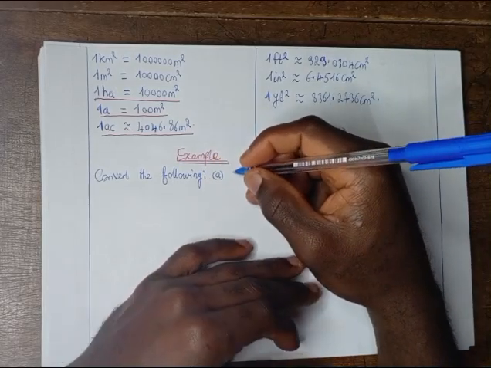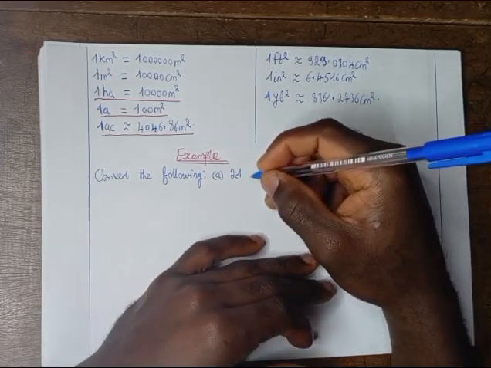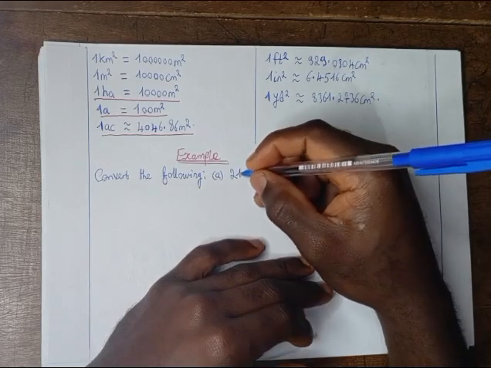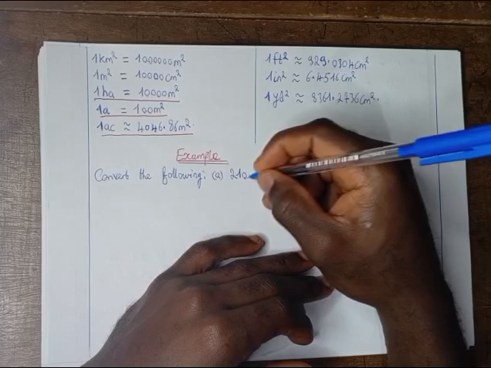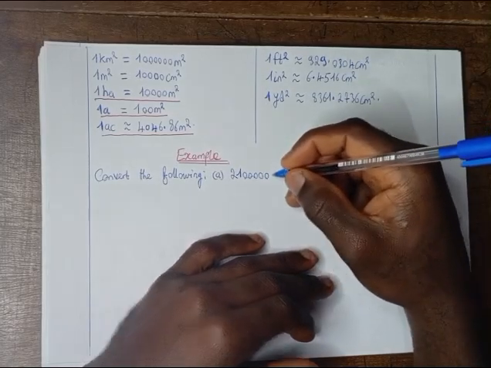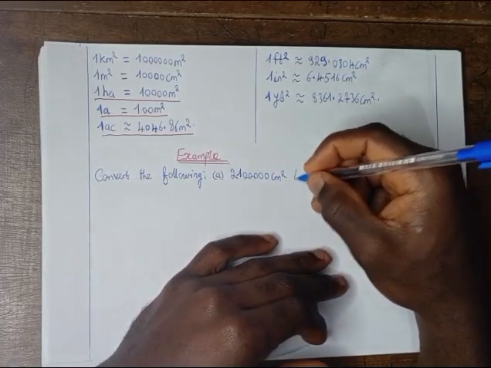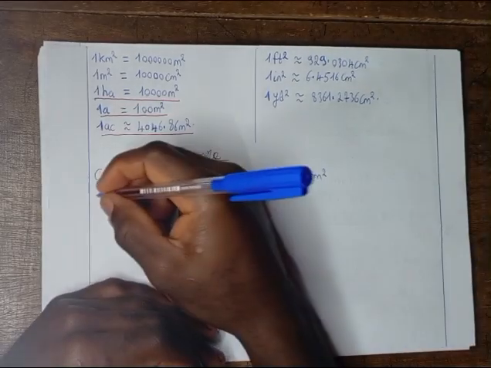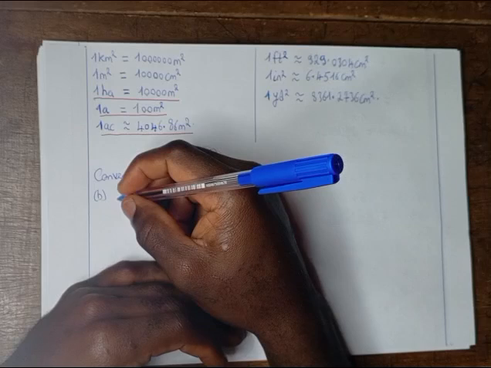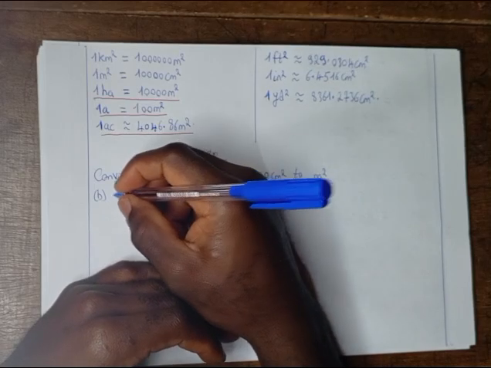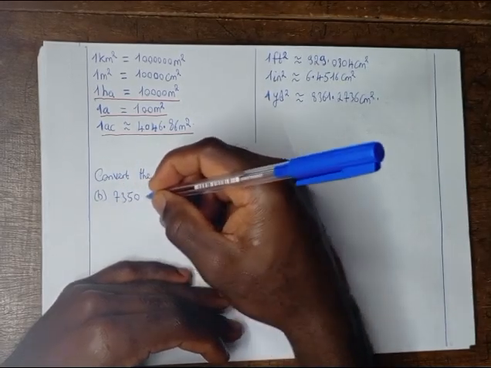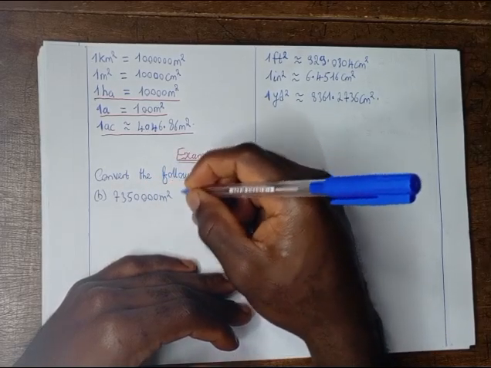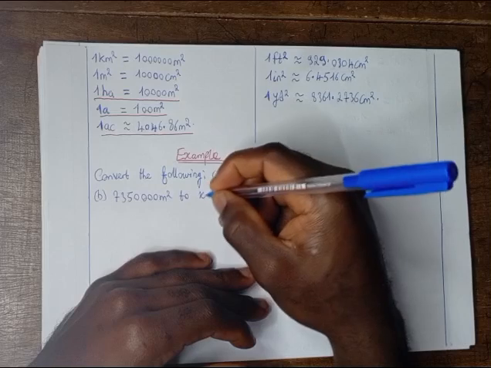We have A, 2,100,000 centimeters squared to meters squared. B, we have 7,350,000 meters squared to kilometers squared.